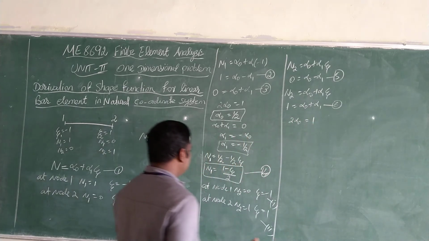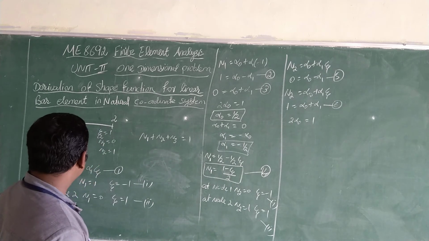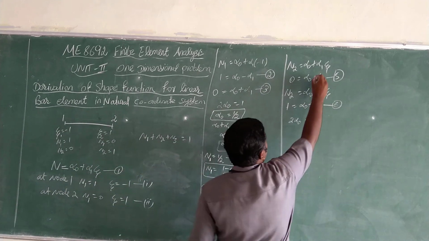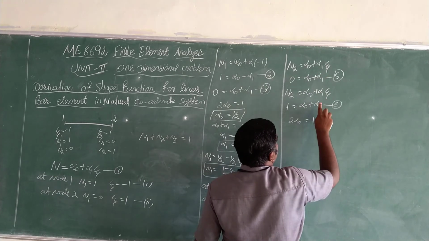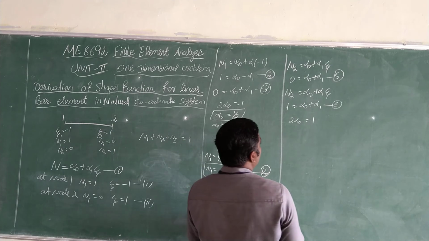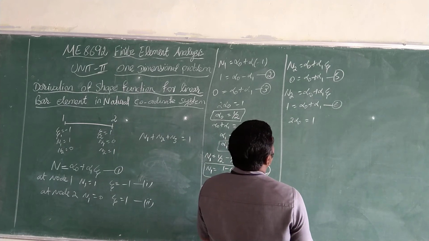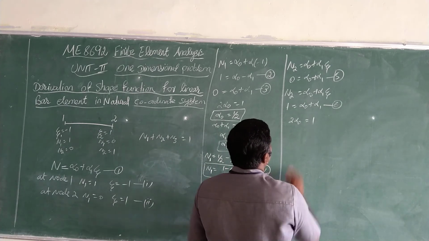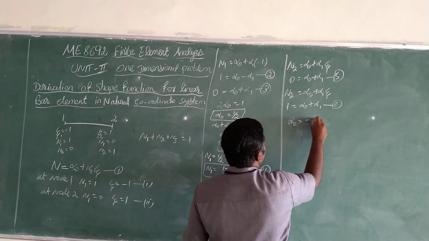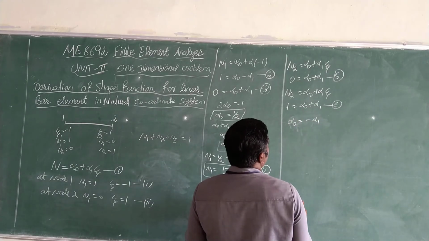So here psi equal to 1, therefore this one is plus and this one also plus, because psi equal to 1. Therefore from equation 5, alpha naught equal to alpha 1.